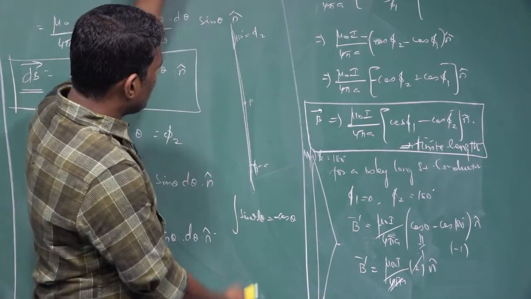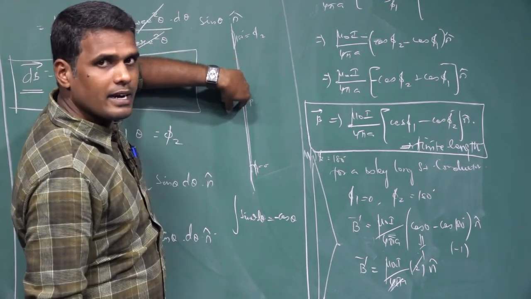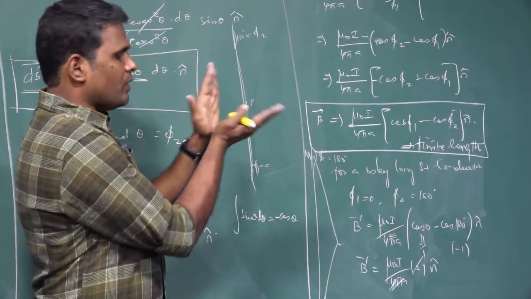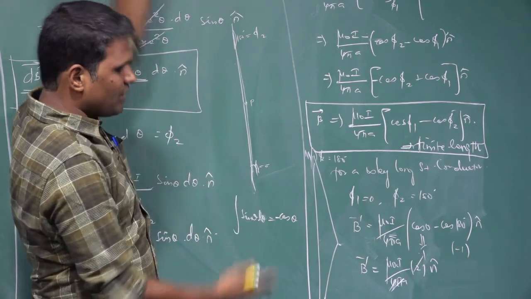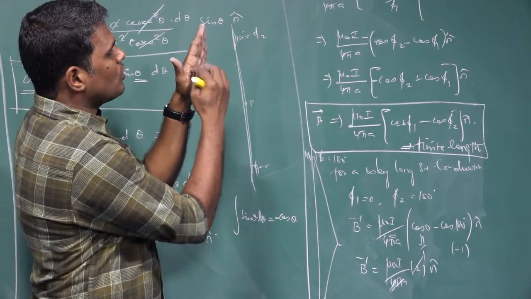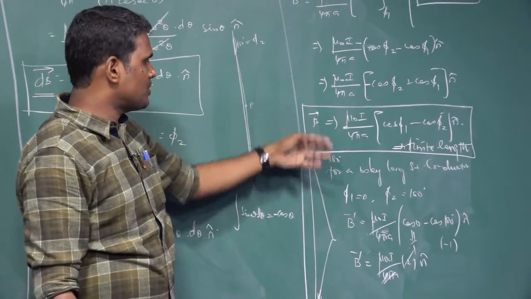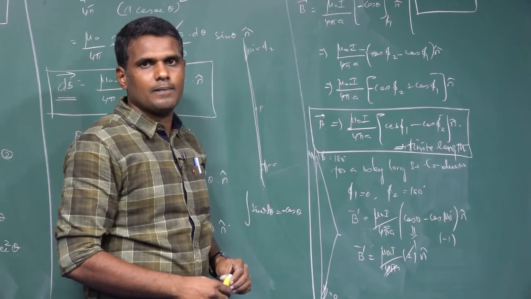As you go infinitely long, this point is considered to be very close to the current carrying conductor. If it comes close to the conductor, then the angle phi1 is like this. As you go close to it, when it is infinitely long, then this will come parallel. So phi1 will become 0 and phi2 will become 180 degrees. So substituting the limits, you will get the field due to an infinitely long straight conductor carrying current. Thank you.